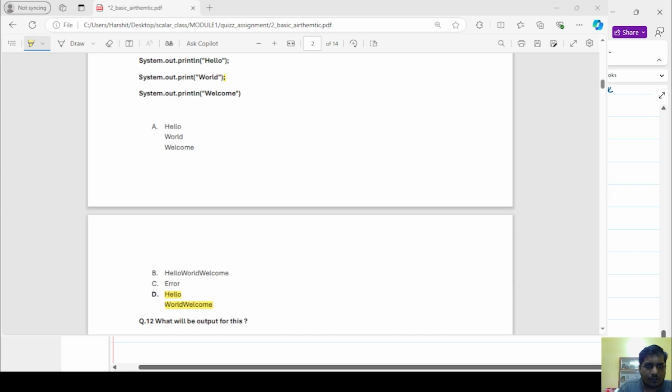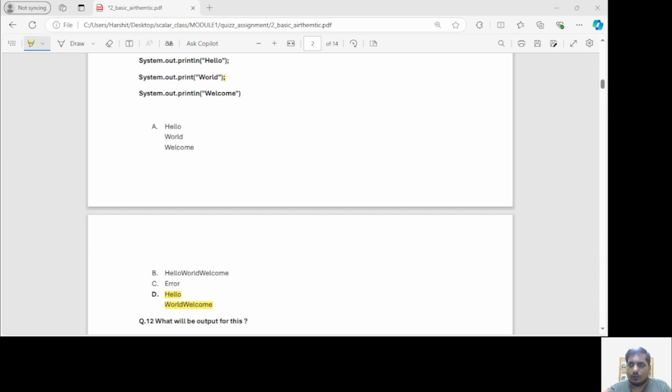Got it? If 2.5 plus 3 is given, Java gives a decimal result.